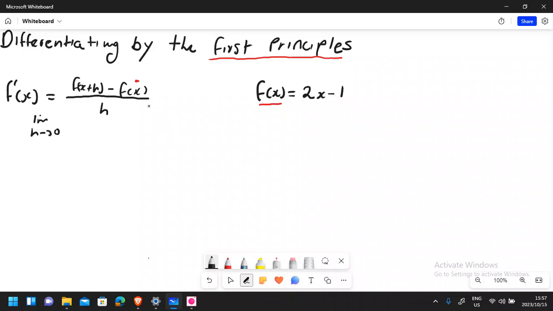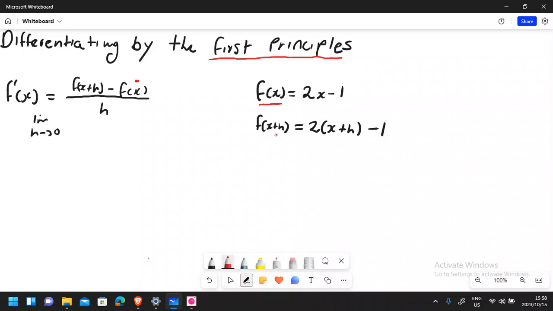What you need to calculate on the side is f of x plus h. So your f of x plus h is going to be 2 times (x plus h) minus 1. Let me explain what is happening there.